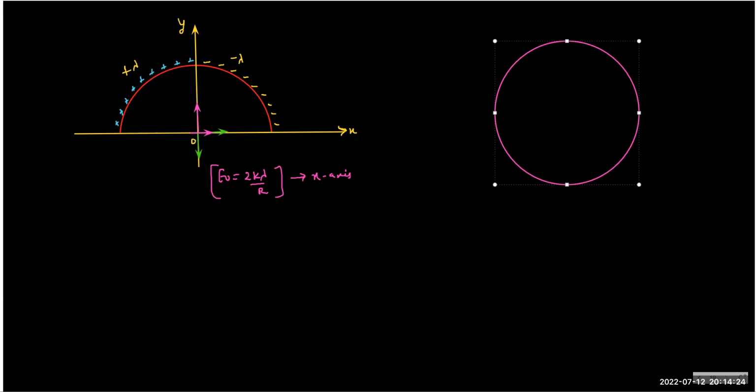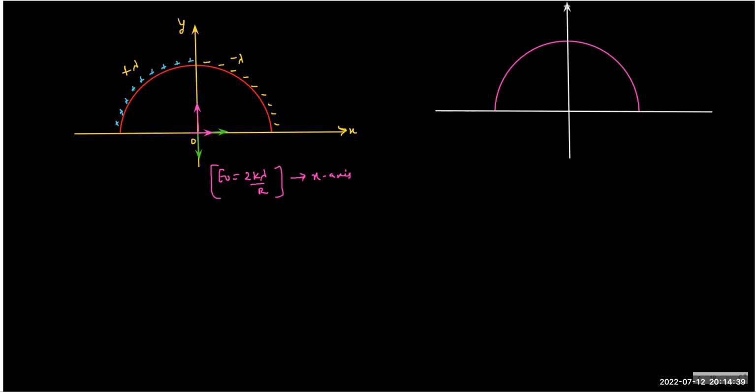So sometimes you may get a question with a variable lambda. If lambda is variable, what will happen? So lambda is given as a function of theta from the positive x-axis, and it is given that lambda equals lambda naught cos theta.